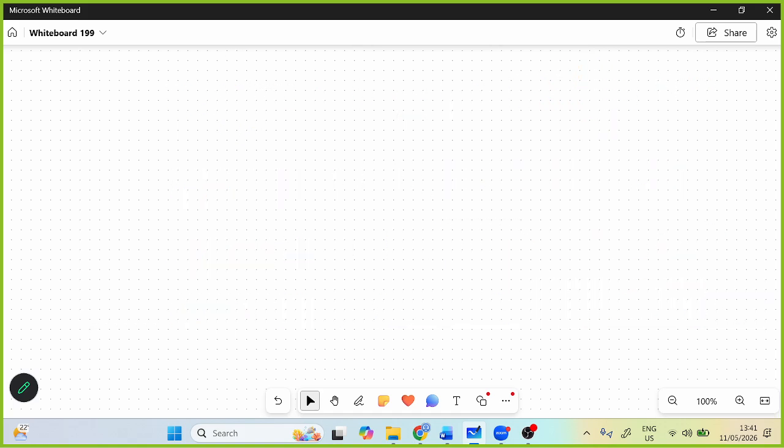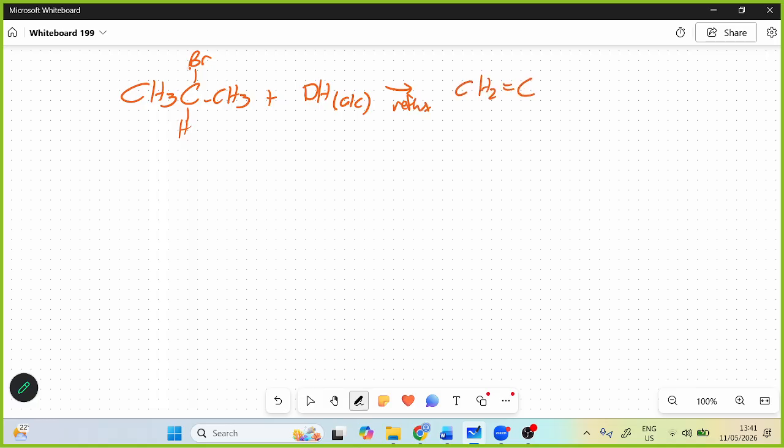Elimination reactions, 2-bromopropane, there is only one possible product here.